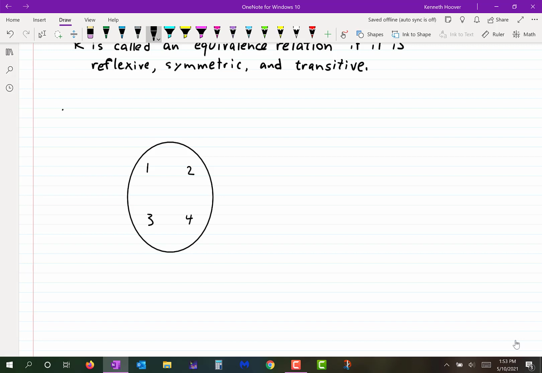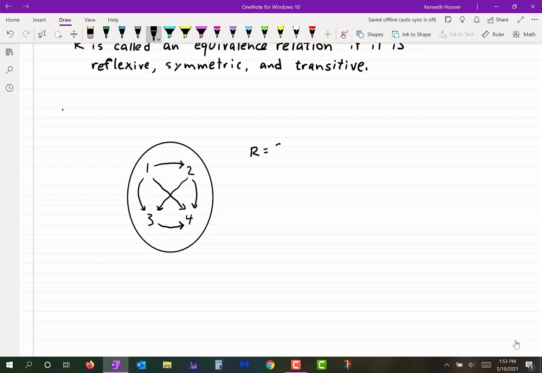I'm going to do the relation is less than. So it's true that 1 is less than 2, 1 is less than 3, and 1 is less than 4. 2 is less than 3, and 2 is less than 4, and 3 is less than 4, and that's it, right?